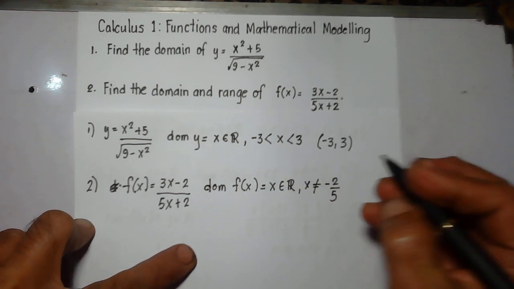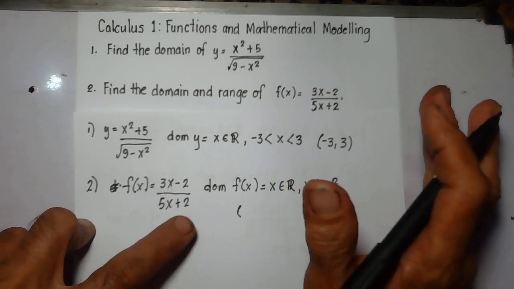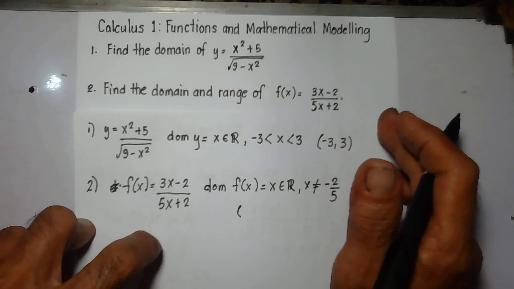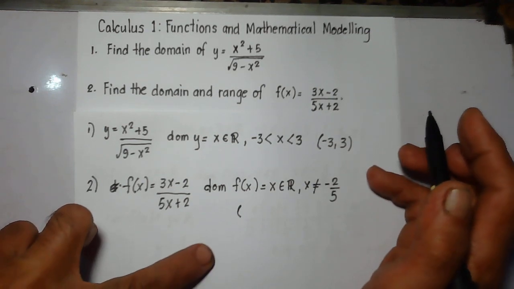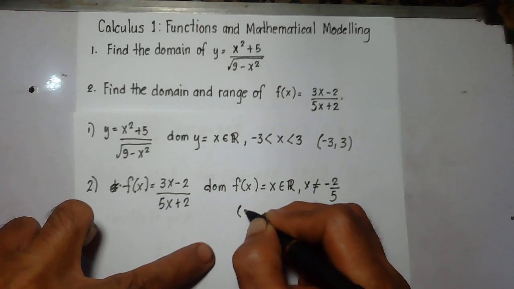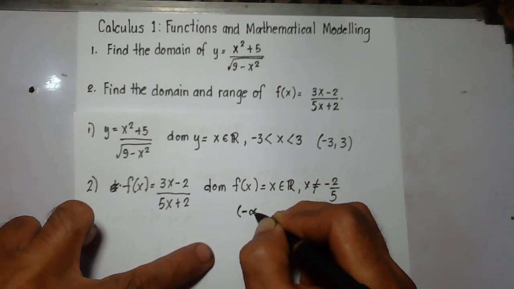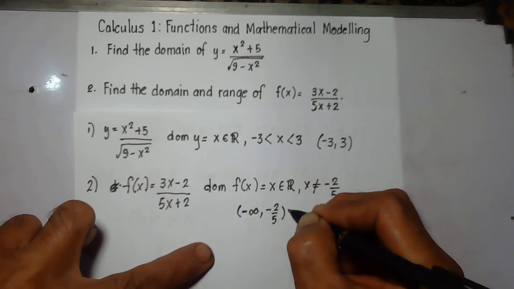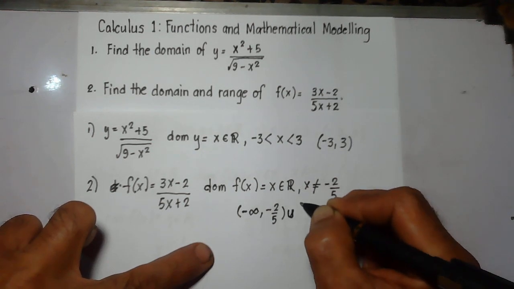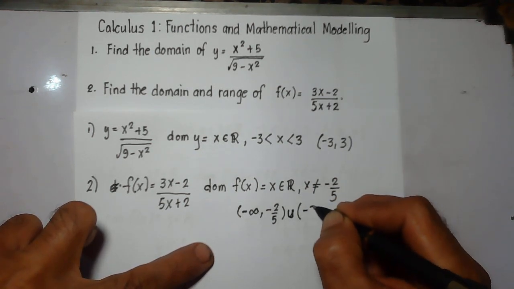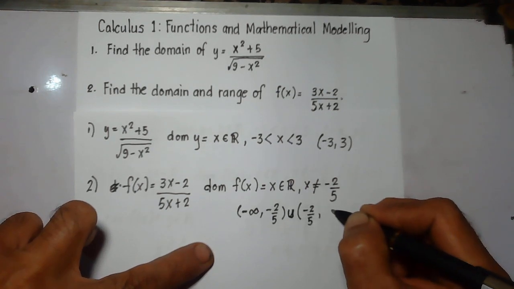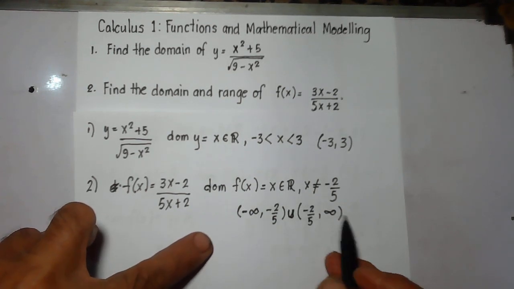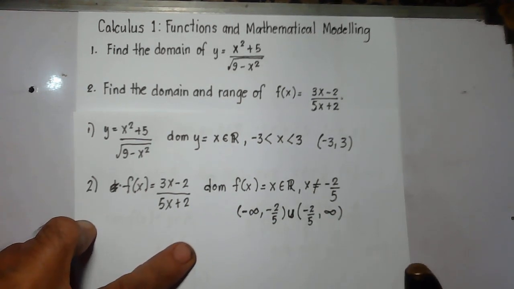All the other real numbers, negative and positive values, can be assigned to x, except negative 2 over 5. So by interval notation, we write negative infinity, comma, negative 2 over 5, union with negative 2 over 5, comma, positive infinity. So this is the interval notation for x should not equal to negative 2 over 5.